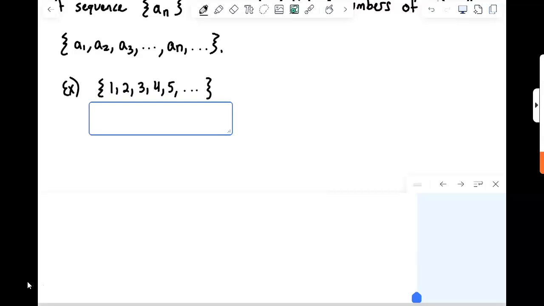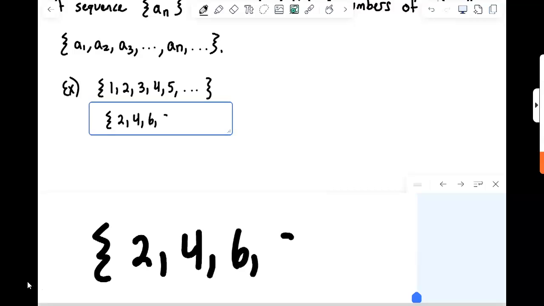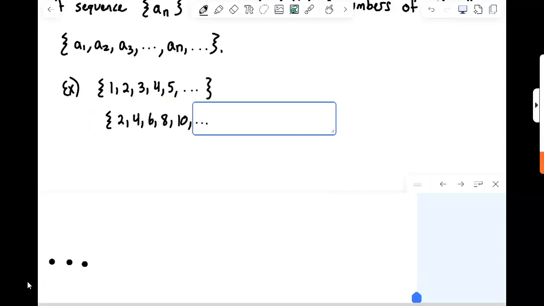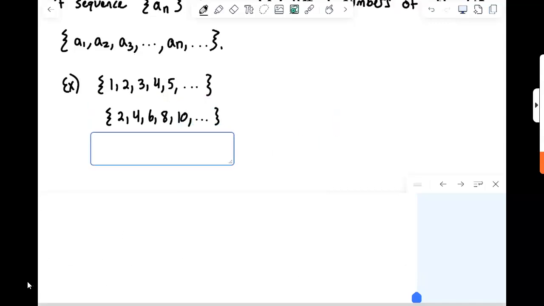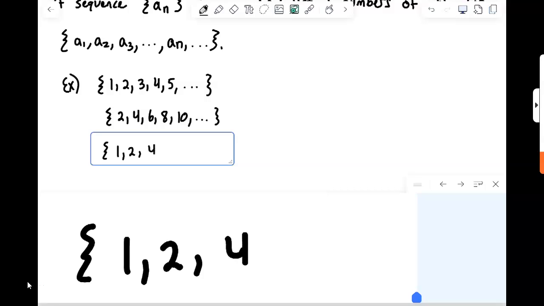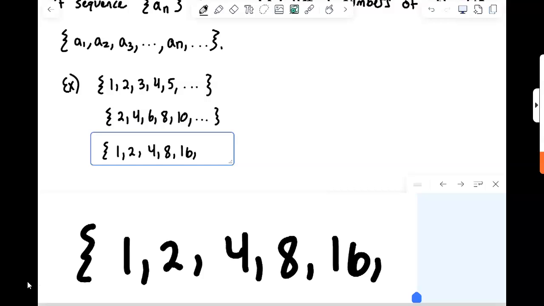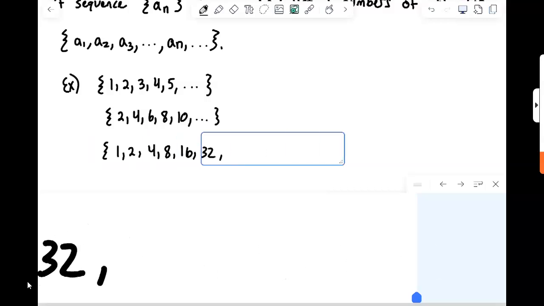As a second example, 2, 4, 6, 8, 10, and so on. Or as another example, 1, 2, 4, 8, 16, 32, and so on.